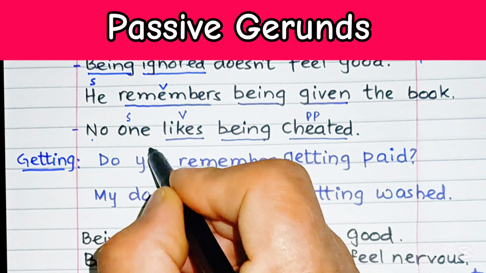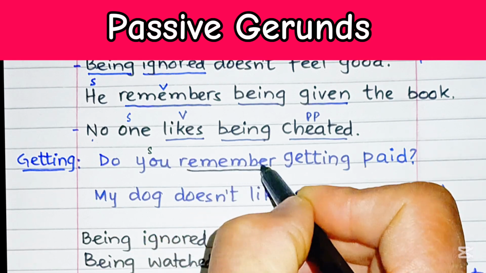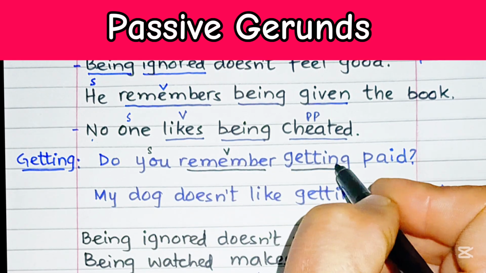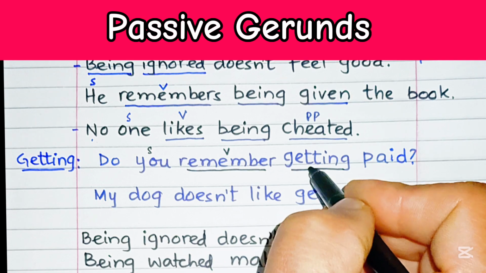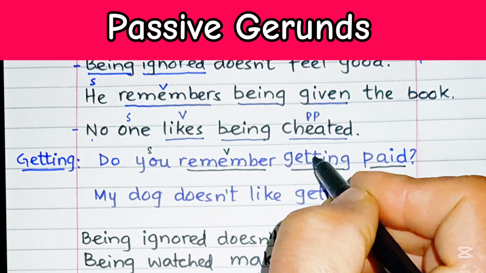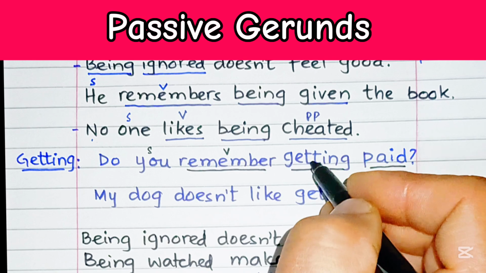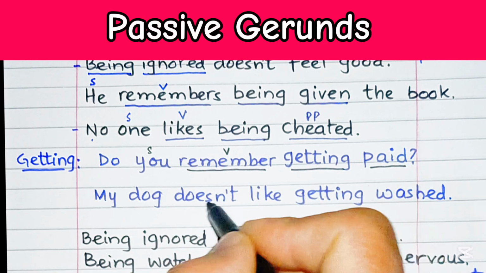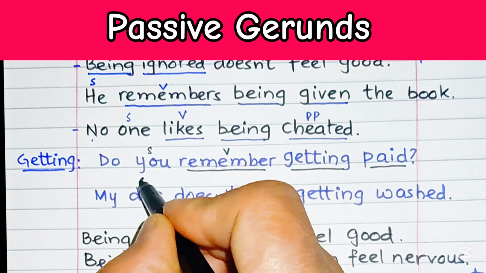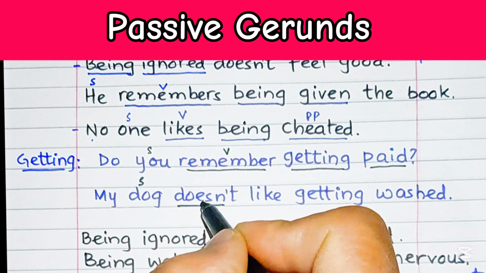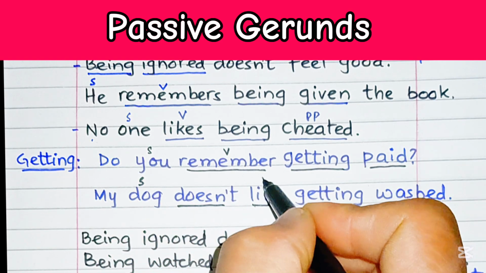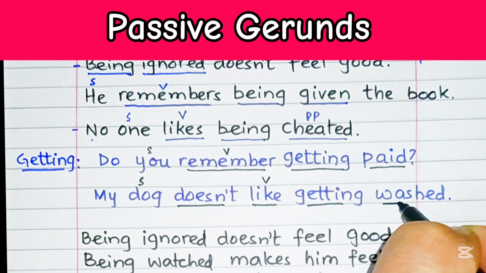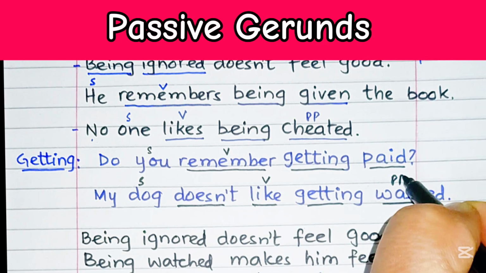So this is the subject and then this verb remember is in present form, and then in place of being we are using getting and then the past participle. This is actually the passive gerund. My dog doesn't like getting washed. This is negative. So this is the subject, and this is the verb, and then getting washed, this is the passive gerund, and this is the past participle form of the verb.